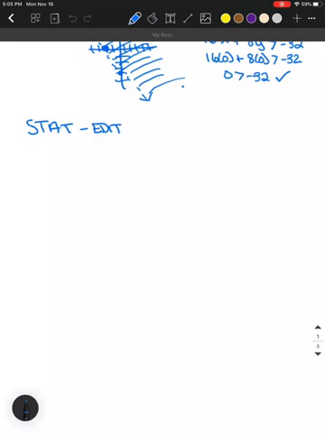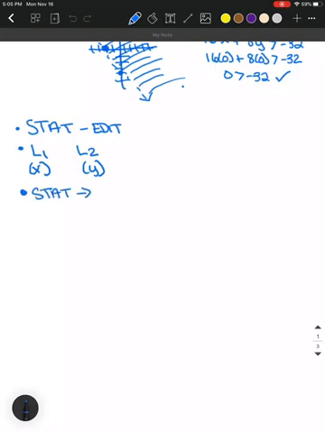And then we're going to enter information into L1 and L2. In L1 is going to be our X values. L2 is going to be our Y values. After I input that data, because we're looking for a line, I am going to hit Stat again.